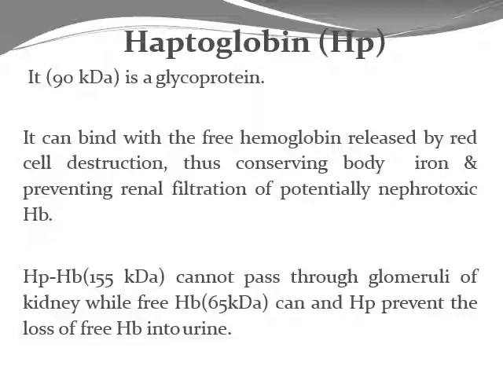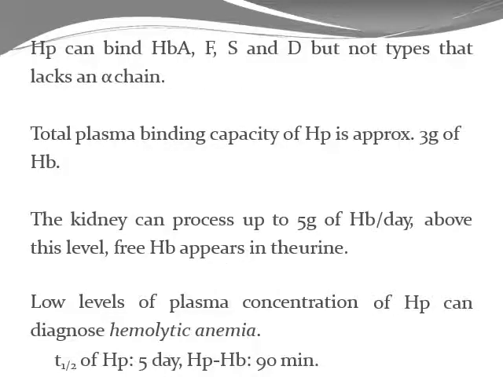Haptoglobin cannot pass through the glomeruli and thereby can prevent the loss of hemoglobin into urine. Haptoglobin can bind with several forms of hemoglobin: adult hemoglobin, fetal hemoglobin, hemoglobin S, hemoglobin D. But those which lack the alpha chain of hemoglobin, the haptoglobin cannot bind.